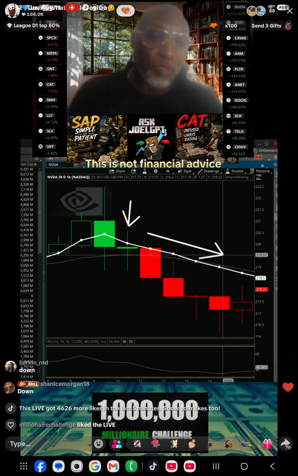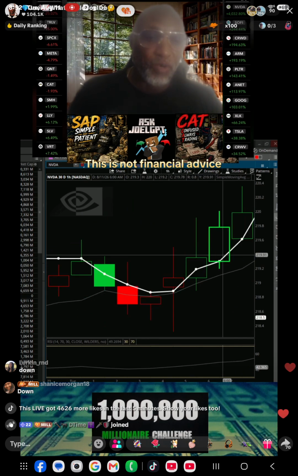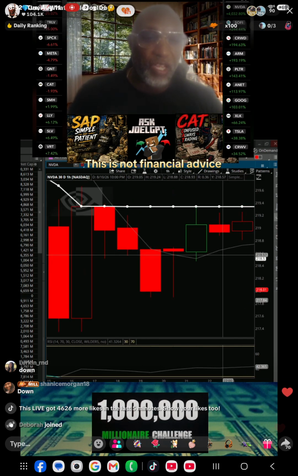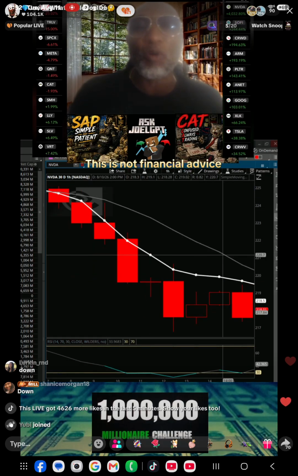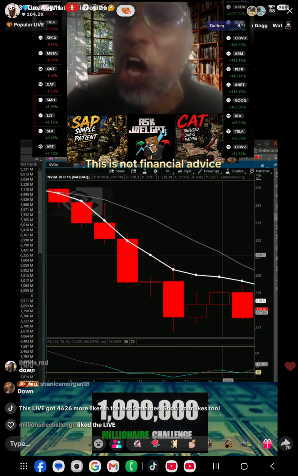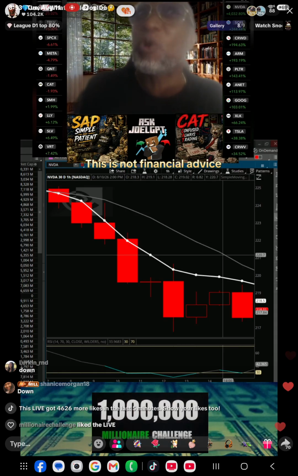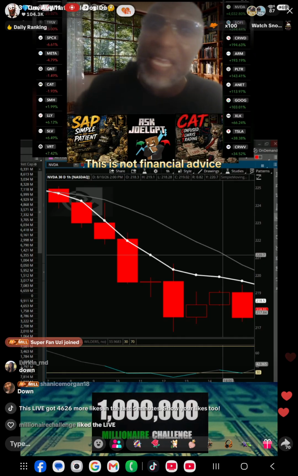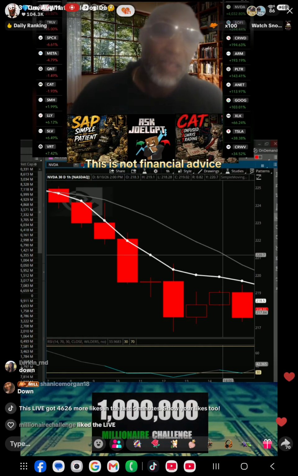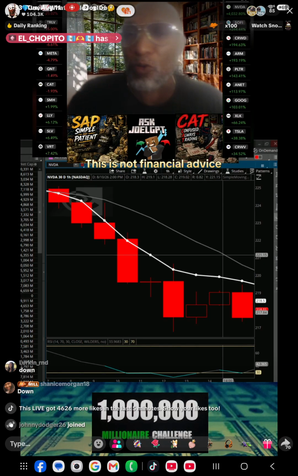And yes, Nvidia was angled down. What was it yesterday? If you wanted to trade Nvidia on Monday, what direction was this angled on Monday, guys? I bet a bunch of you guys were long. You're trading Nvidia at 940. This bad boy was angled down.